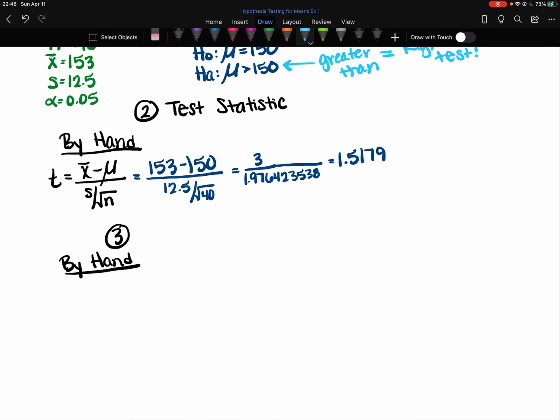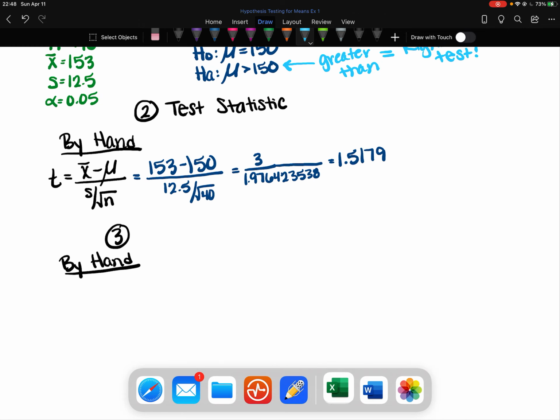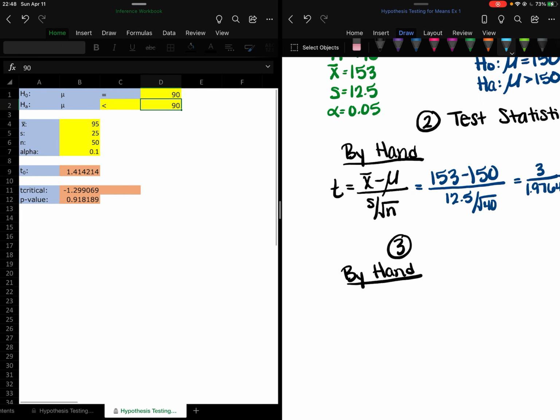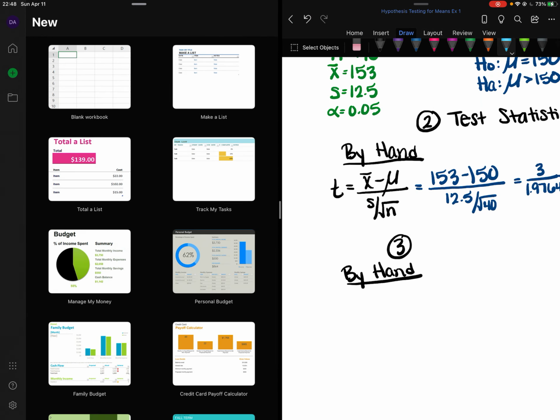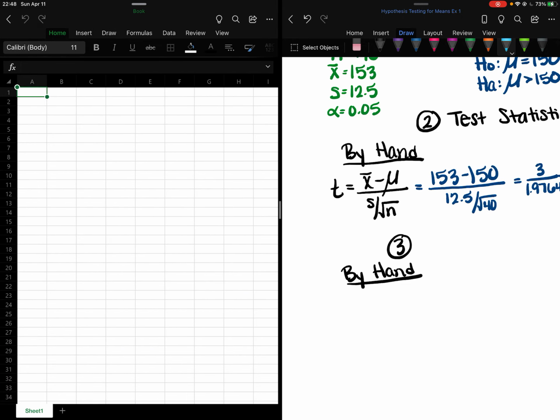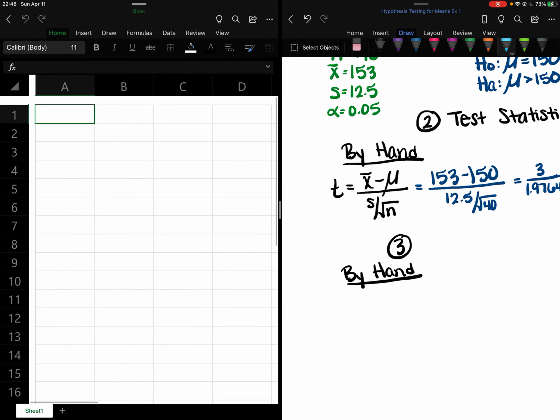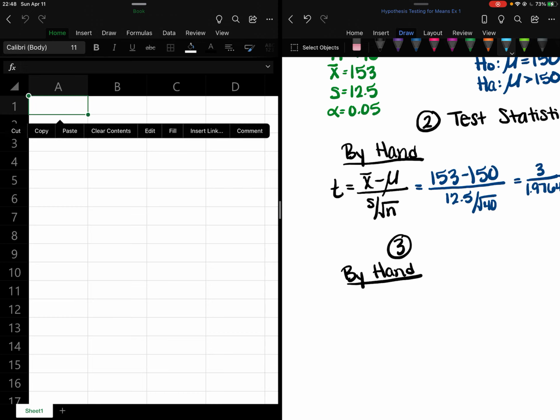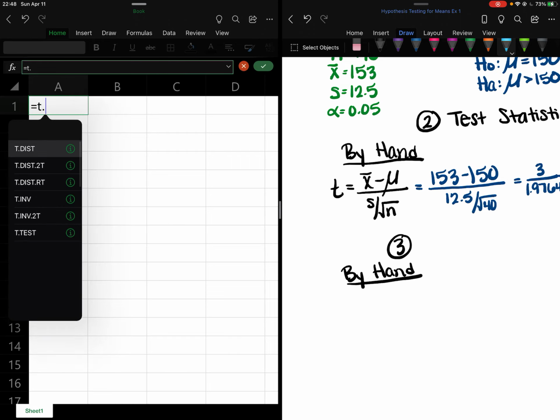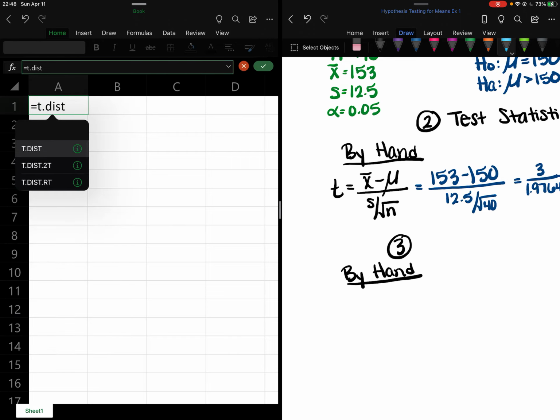So I'm going to go ahead and open up Excel. I have the spreadsheet open, but I'm going to open up a new file real quick, a blank workbook. I got a little bit ahead of myself when I was opening stuff up. So the function that we're going to use in Excel is going to be t.dist.rt.